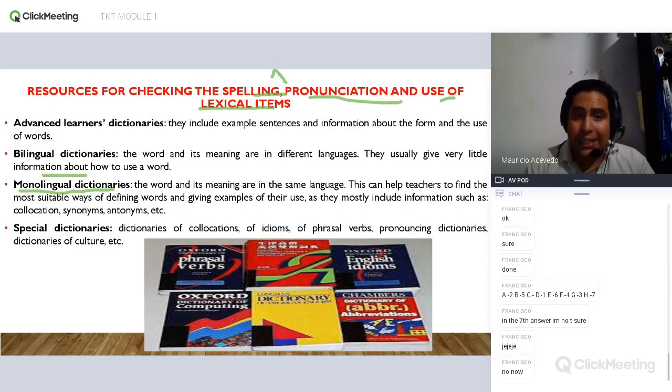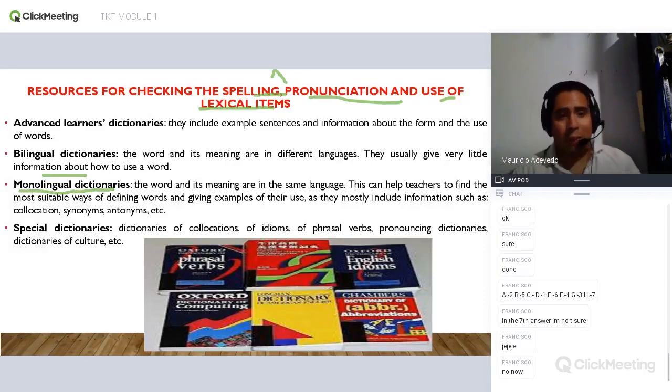You can even have synonyms, antonyms about that word, so you know more than a bilingual dictionary, because bilingual dictionaries are just the translation, and in monolingual dictionaries we focus on more than that.